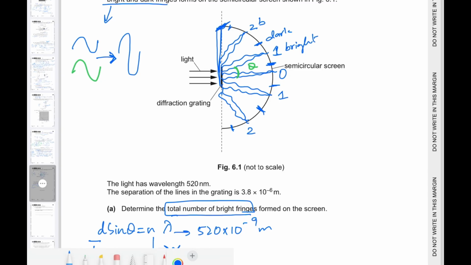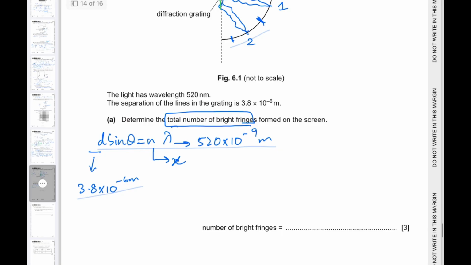So you'll have a fringe over here, and as you can see, the angle between this fringe and the central fringe is 90 degrees, which is why theta for the maximum number of fringes is considered as 90 degrees.